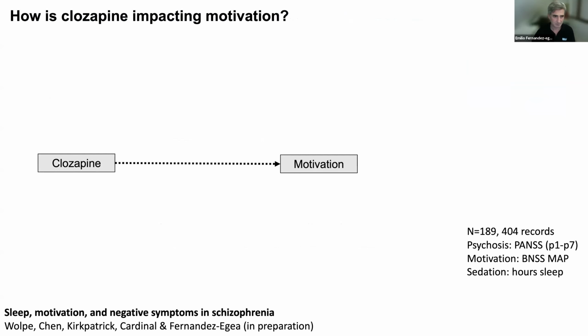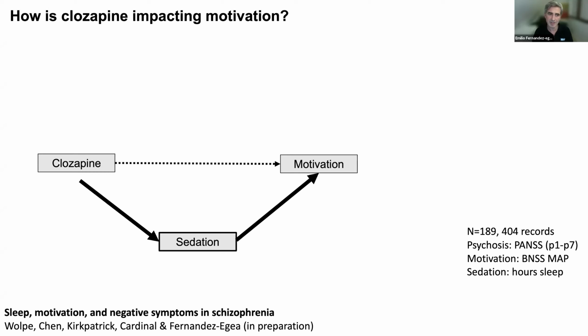So perhaps we can use nicer statistical approaches, considering how much Clozapine is really impacting motivation and how much is that through reducing sedation or psychosis. So we are trying to understand, trying to tear apart what would be the primary effect of clozapine on primary symptoms, or on motivation, for instance, or on secondary factors.